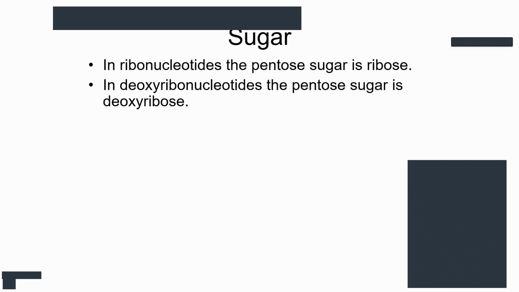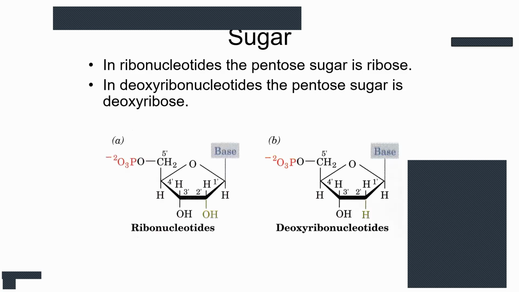In both cases, we've got a sugar. That sugar is either ribose or deoxyribose. Here is an example of a ribonucleotide. Here's an example of a deoxyribonucleotide. The difference between these at the sugar level is the placement of a hydroxide group at this carbon 2 prime.